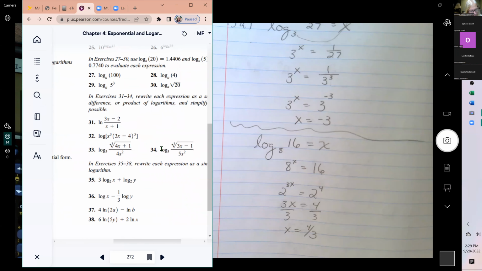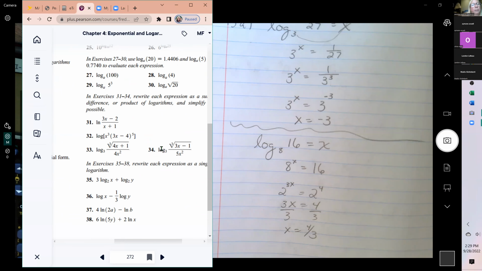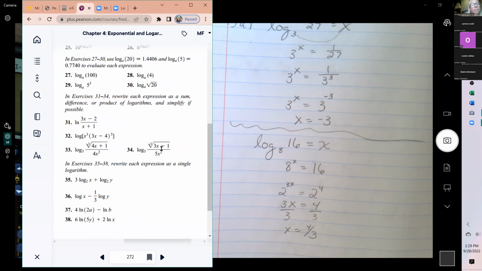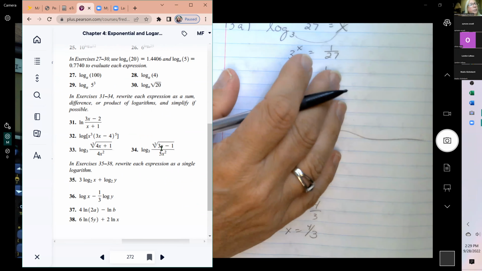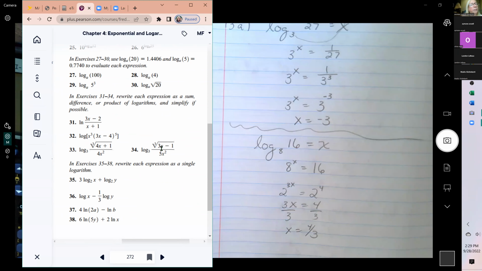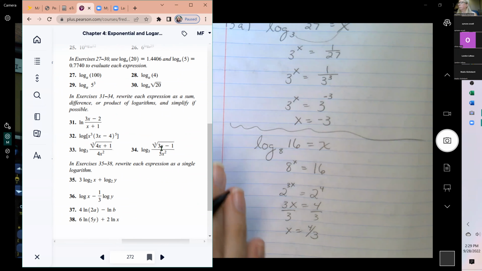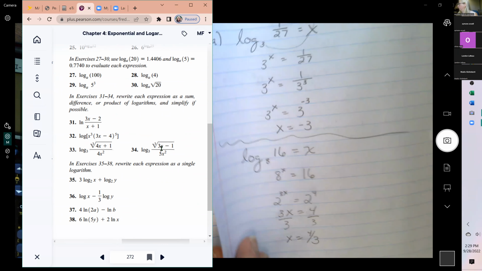What's the next group? 31. 31 through, or are there any questions on these? We do a lot more in the next section. Okay. We'll go back if we have to.